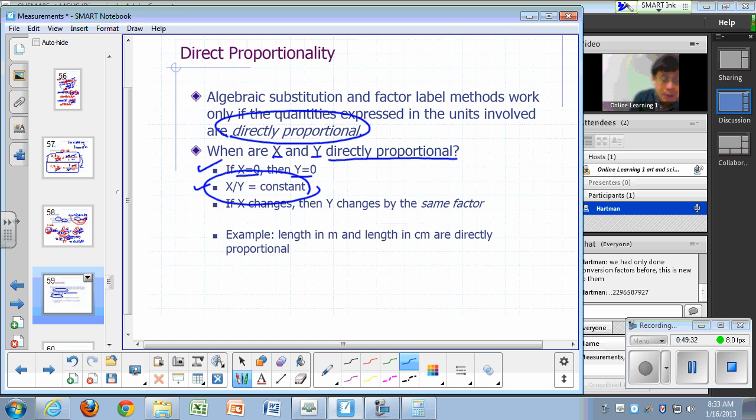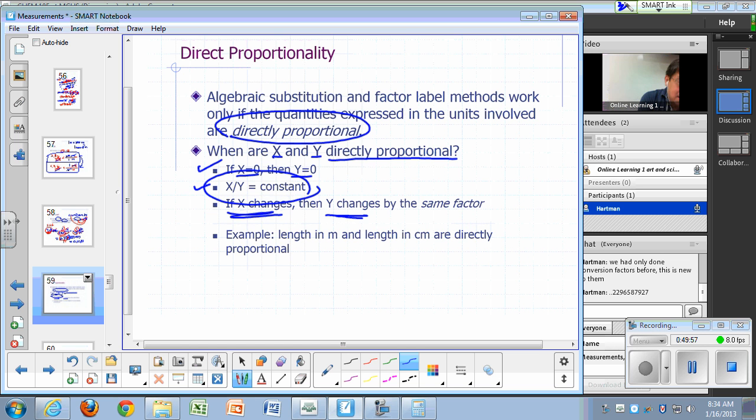So what this means is if x changes, then y will also change by the same factor. What that means is if I double the amount of x, it automatically means that the amount of y also doubles. If I triple the amount of x, the amount of y also triples. If I cut the amount of x to half, then the value of y will also be cut in half.